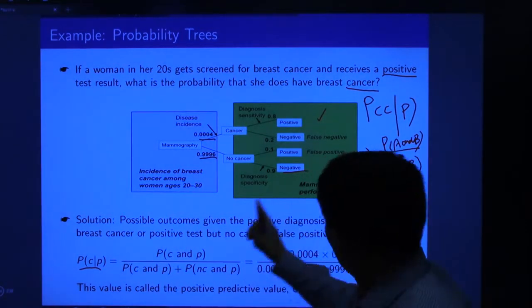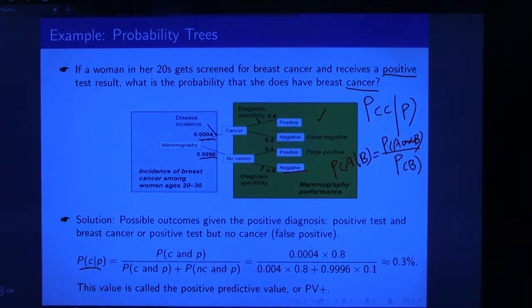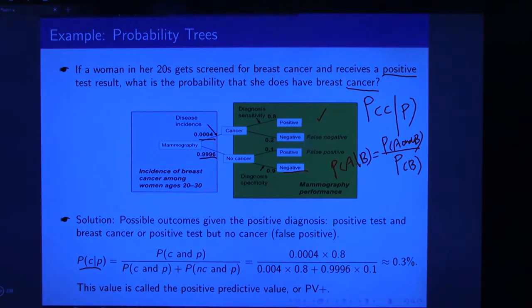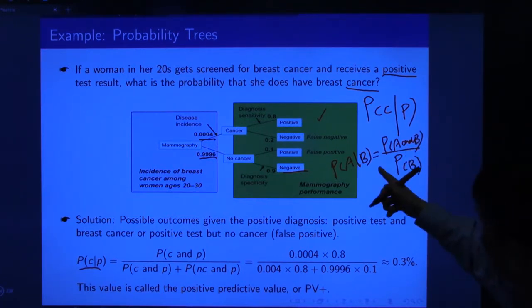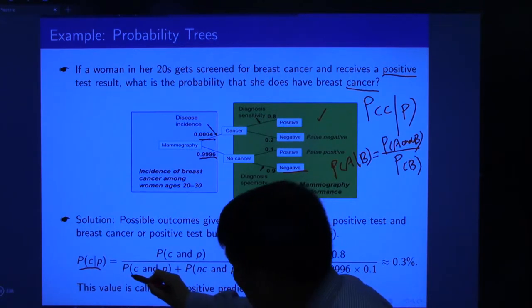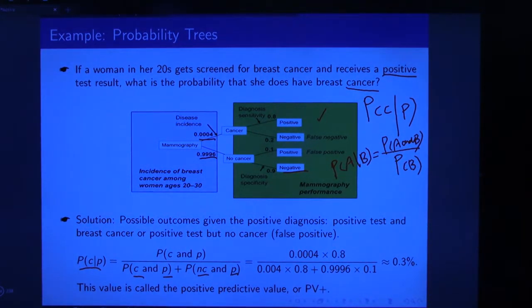So here, event A is cancer and event B is positive. So here on the top, P(A and B) means P(cancer and positive). On the bottom, P(B) means B here is positive. So we have positive with cancer and positive with no cancer, because we have only these two situations.